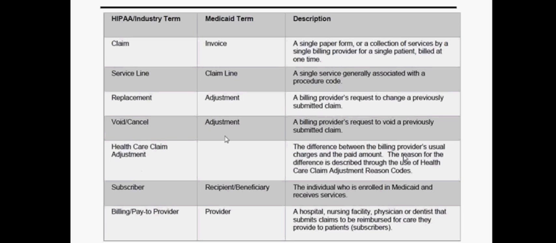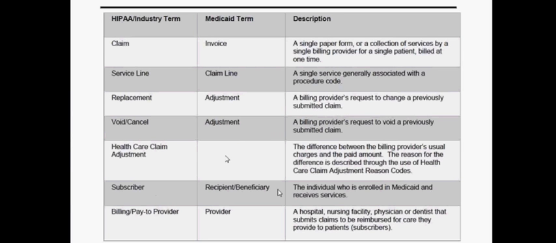That means the difference between the amount the provider is billing and the amount that the insurance company is paying. That difference is indicated as a healthcare claim adjustment, which is always supported by a reason code, like what is the reason for which there is a difference.